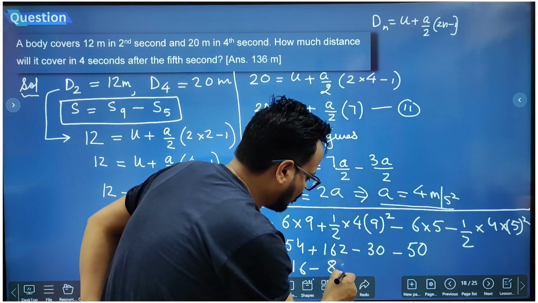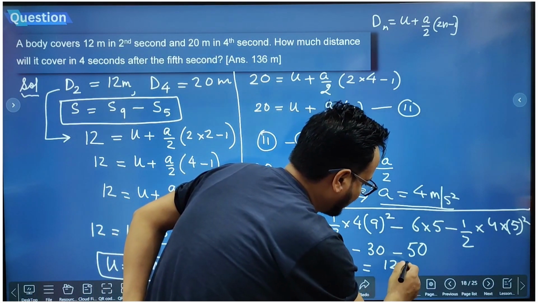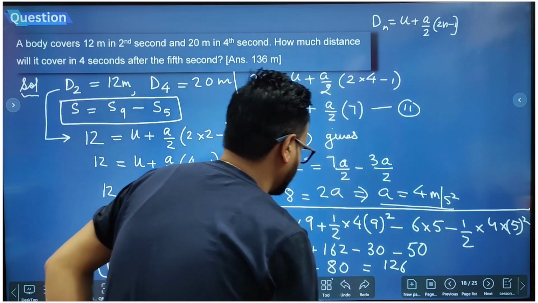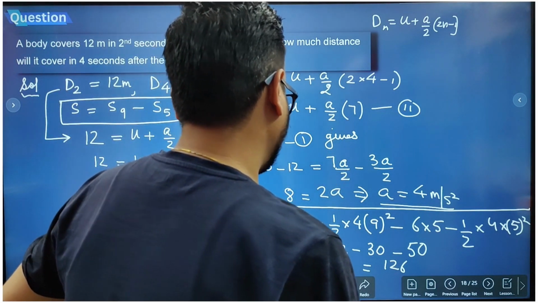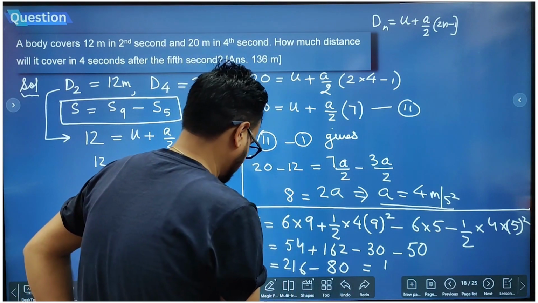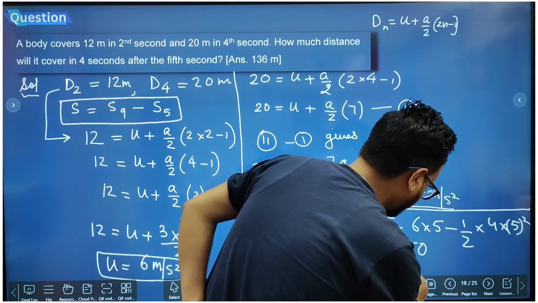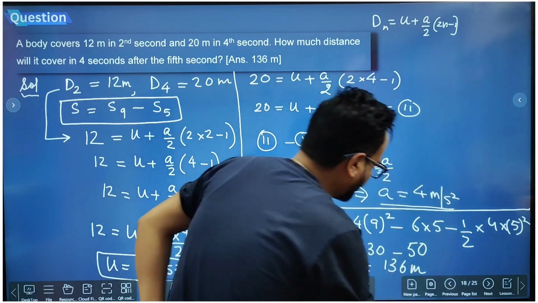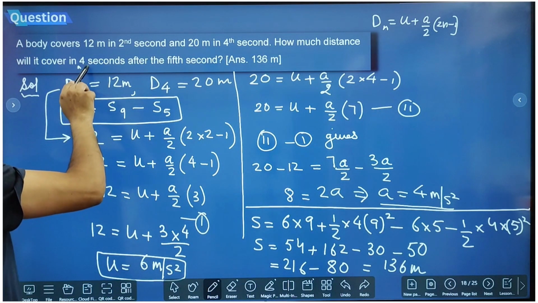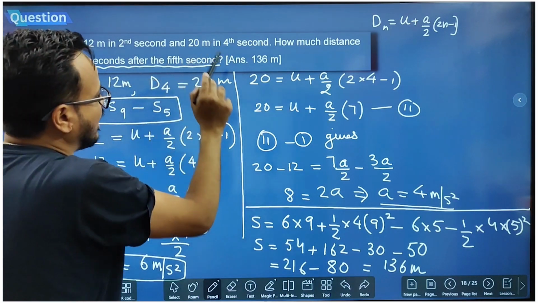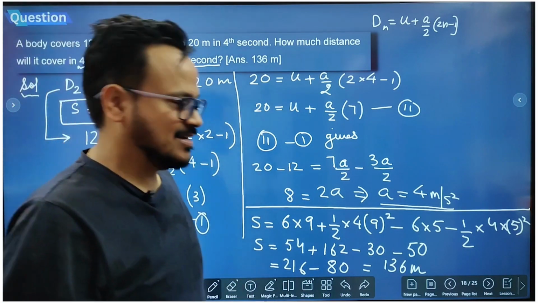Minus 80. So 216 minus 80 is 136. 136 meter. So the body is going to cover 136 meter in 4 seconds after the 5th second.